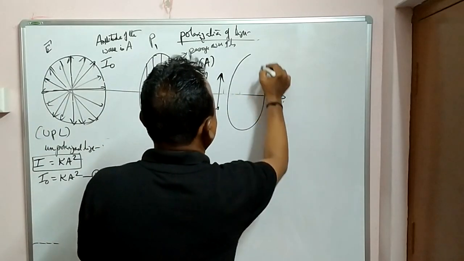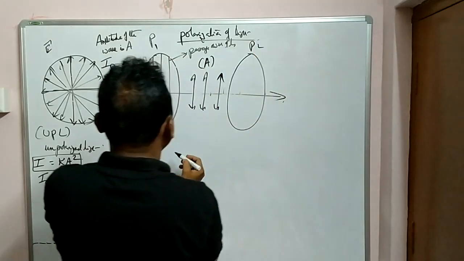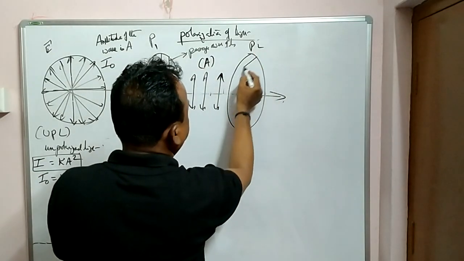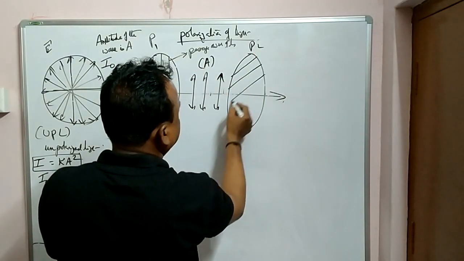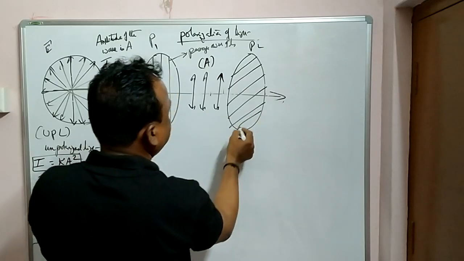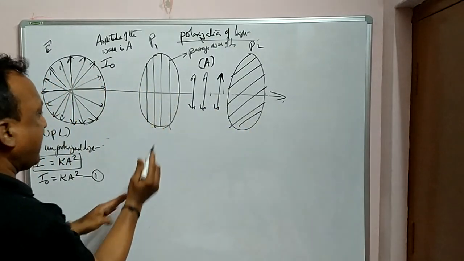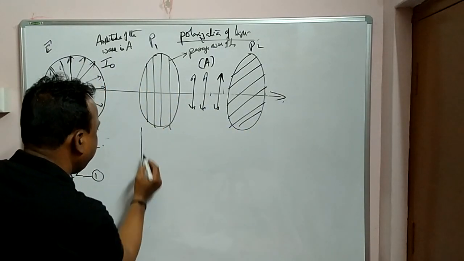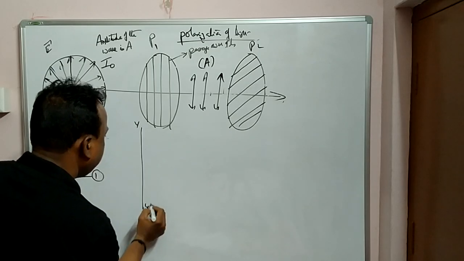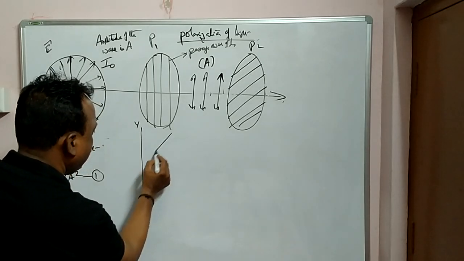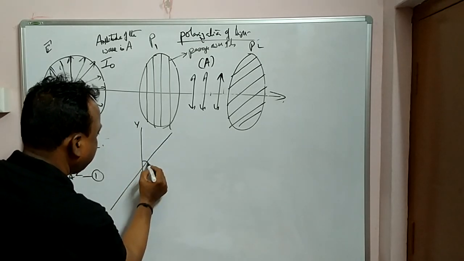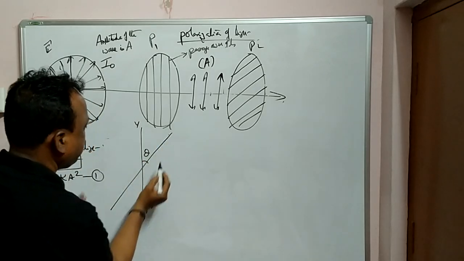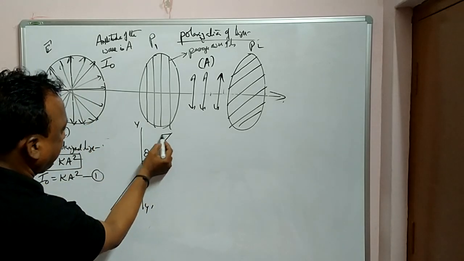Suppose this is another Polaroid, P2, and P1 is the first Polaroid. Now for example, the passage is like this. This Polaroid is kept at an angle in this fashion. For example, this is vertical, y dash. So the passage is like this. This is the passage along the Polaroid.